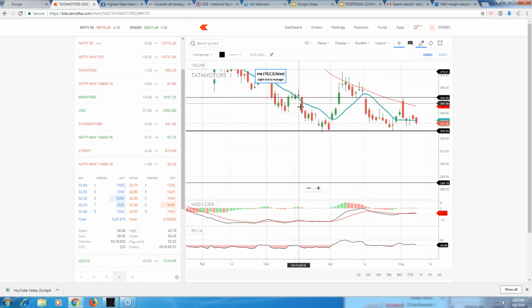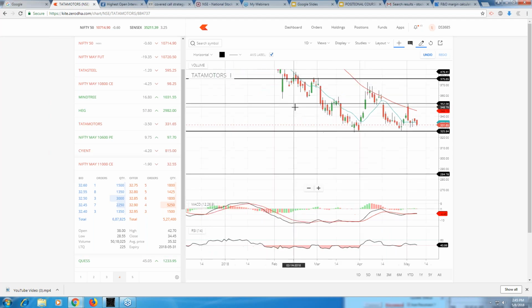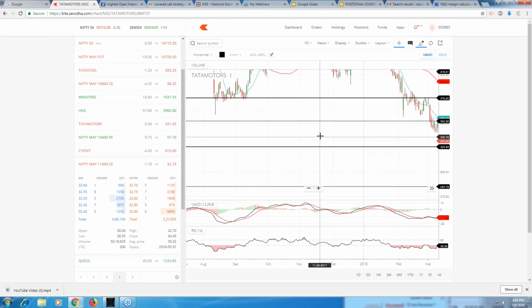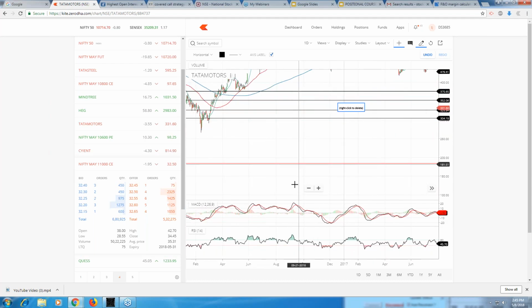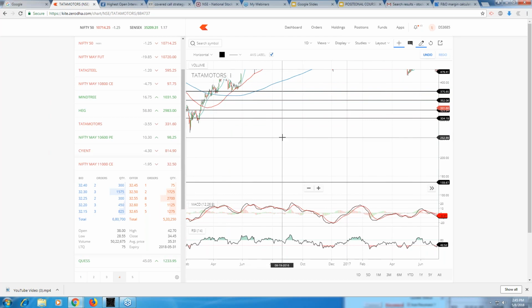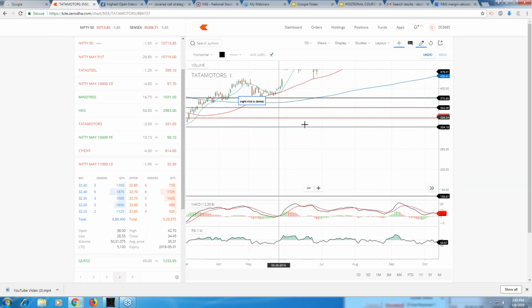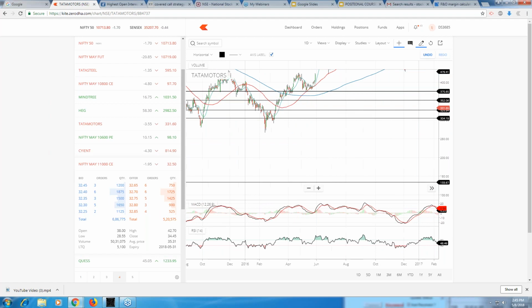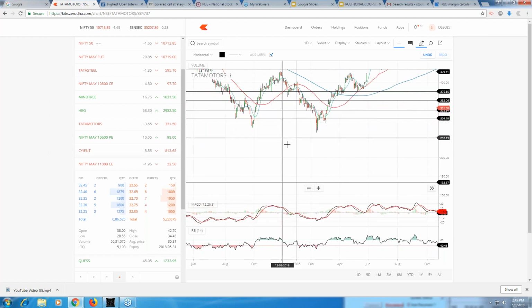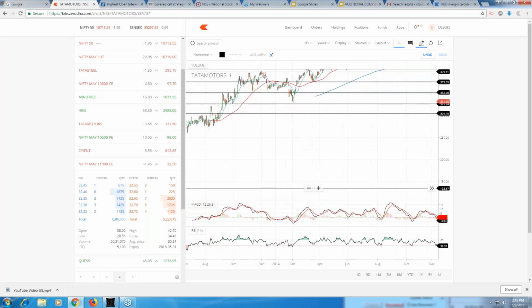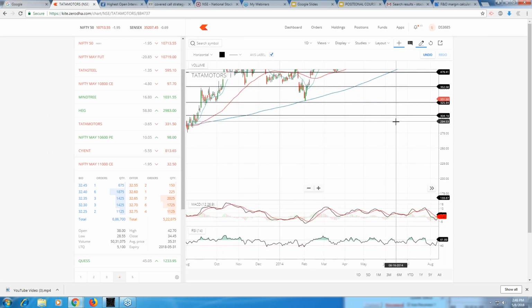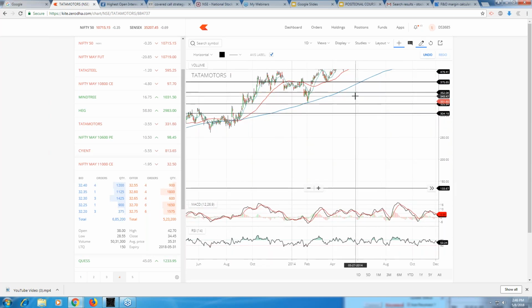Again, it took the resistance from the same level on 19th of March, 2017. So 352 is a resistance zone for this particular stock, right? 352 was a recent level of resistance for Tata Motors, and that is why it has repeatedly taken resistance.